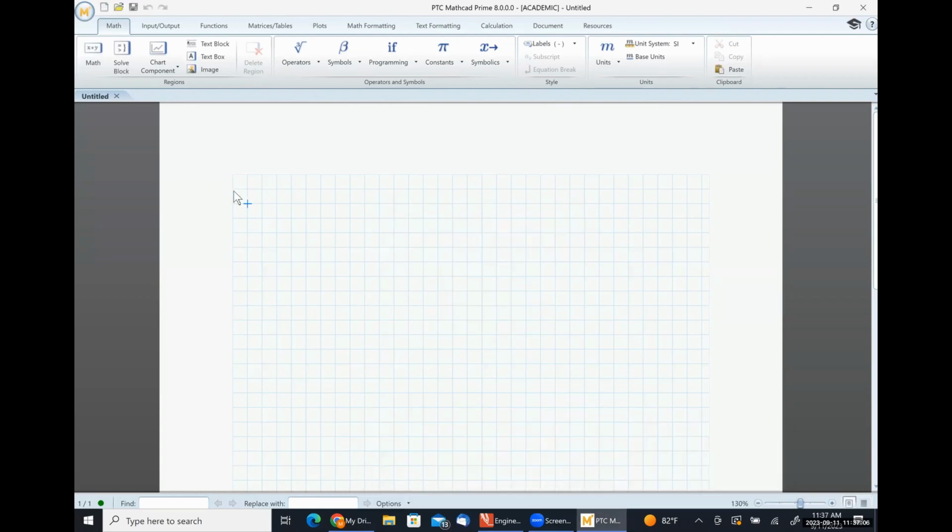Equations, it means we need to be using a solve block, right? So I'm just going to put a solve block in here. My quantities of interest are going to be my mesh currents I1 and I2. So let's say that, I don't like that.